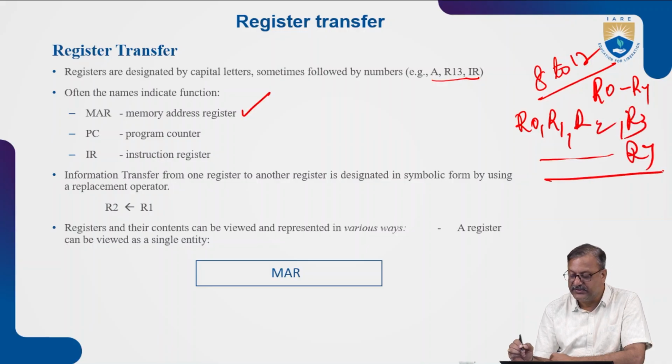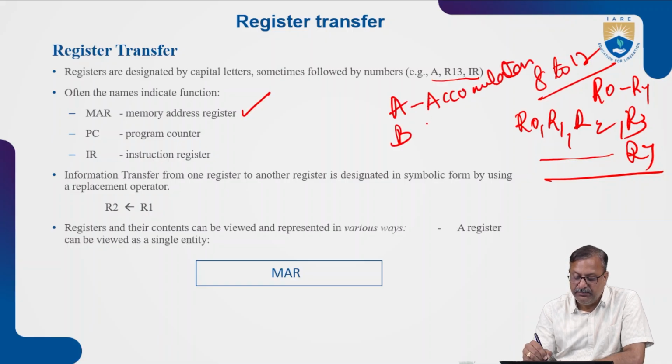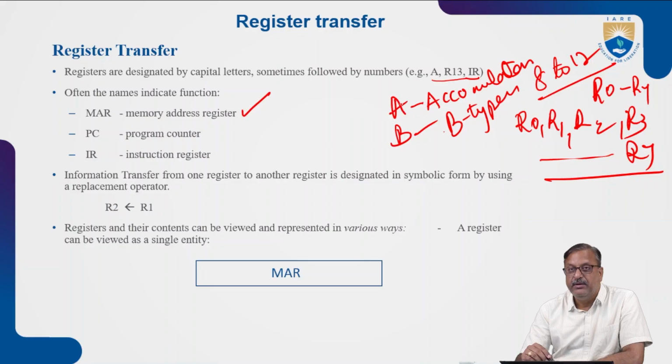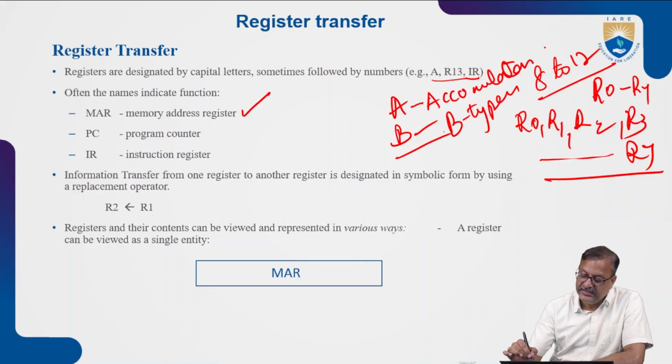These are the 8 registers. In addition to that, we are going to have other registers for micro operations, which we define with the names A and B. A stands for accumulator, and B stands for a B type register to support the operations performed along with the accumulator.